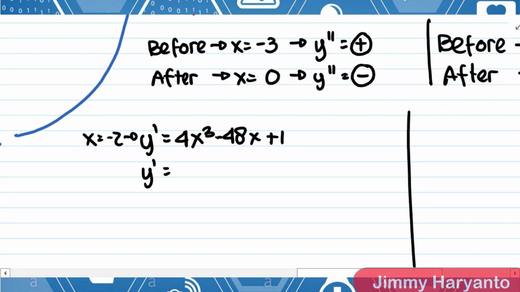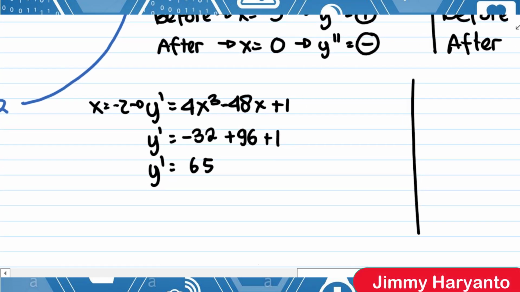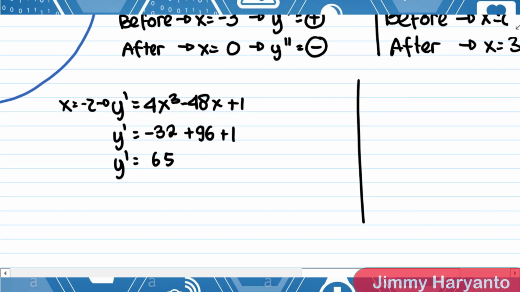So the y-accent will be negative 32, and then plus 96, and then plus 1. So the y-accent will be 65.